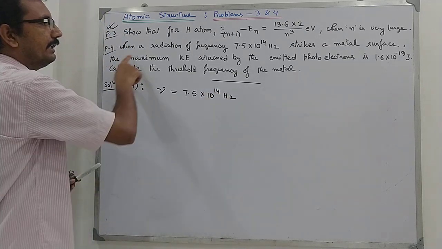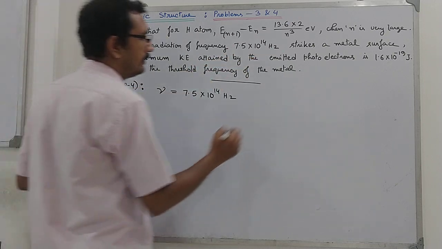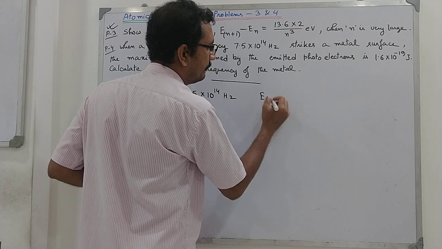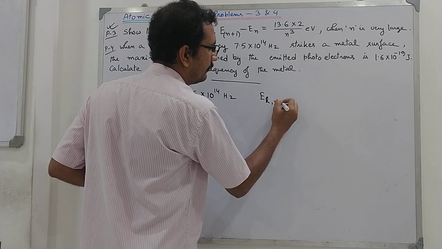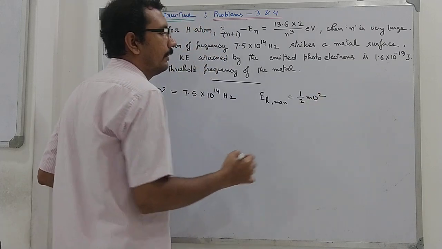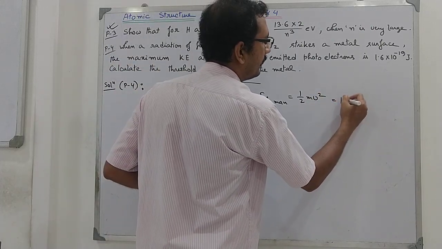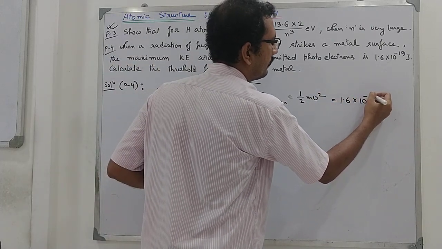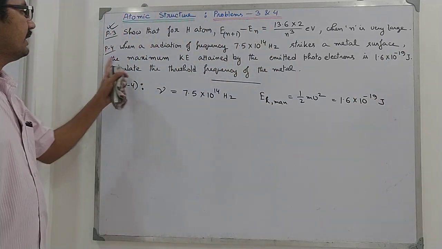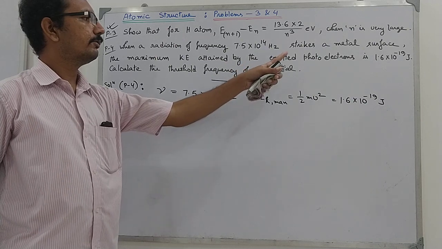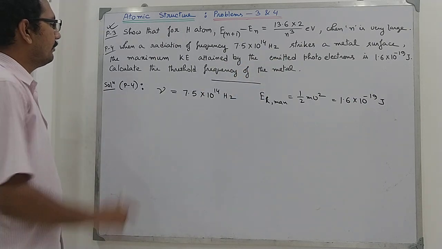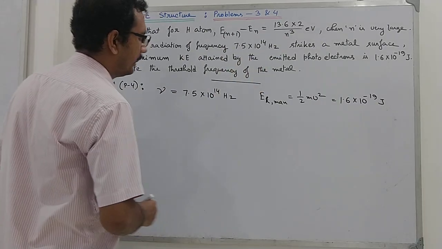And the maximum kinetic energy attained by the emitted photoelectrons, that is Ek max, equals half mv square, is given as 1.6 × 10^-19 joule. So you have to calculate the threshold frequency of the metal.